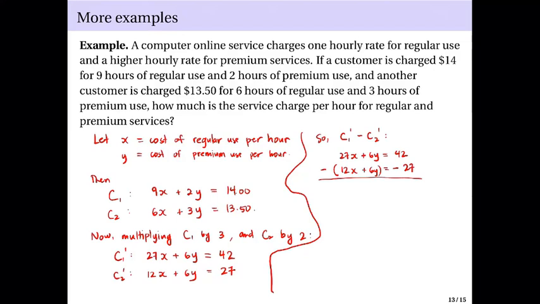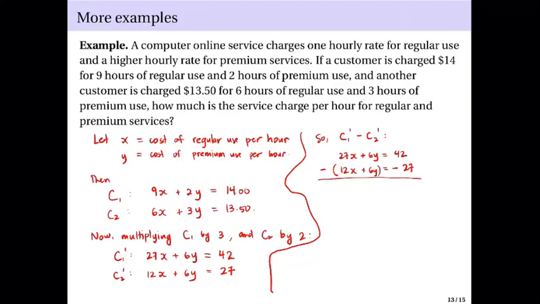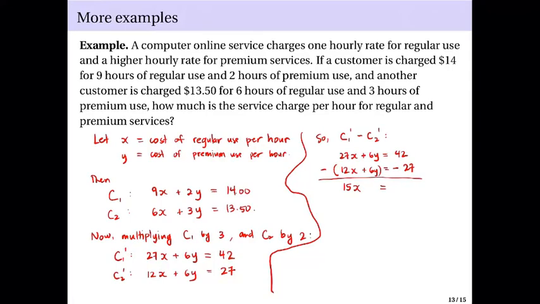So if we do this, 27x minus 12x is just 15x. And 6y minus 6y is 0. And this is equal to 42 minus 27, which is also 15. Which means that x is just equal to 1.